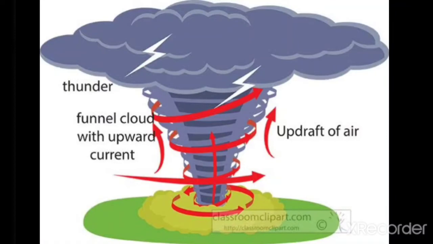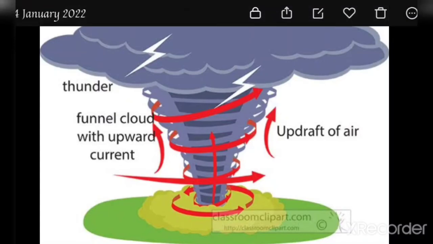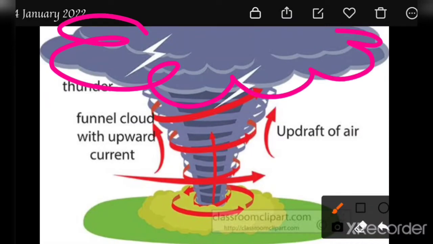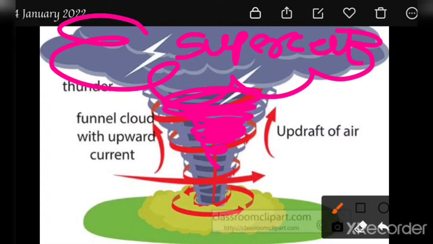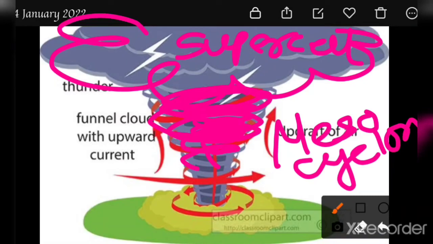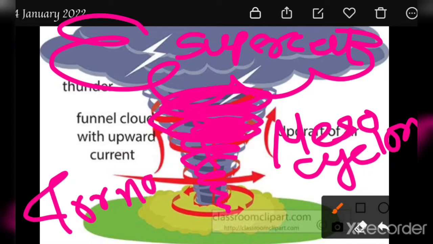Slowly and gradually it feels like the dark cloud comes down to the ground, and a spiral structure forms. Up to this point it is known as a supercell, and as it comes towards the ground this structure is known as a mesocyclone, and when it exactly reaches the ground it is named a tornado.